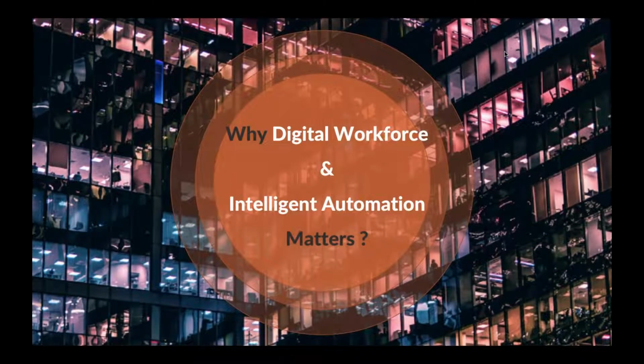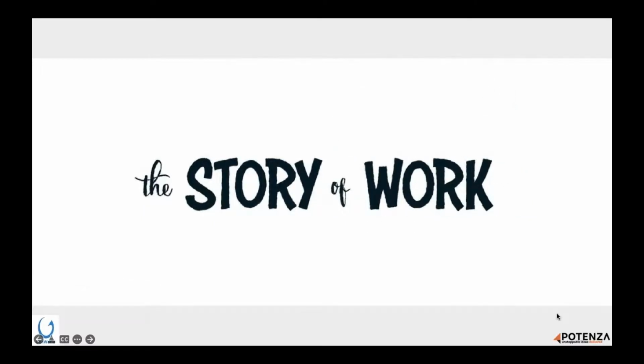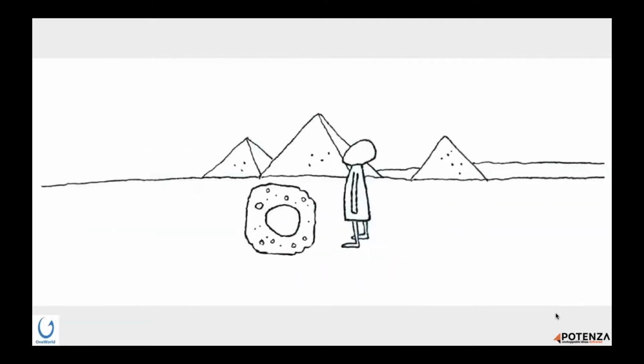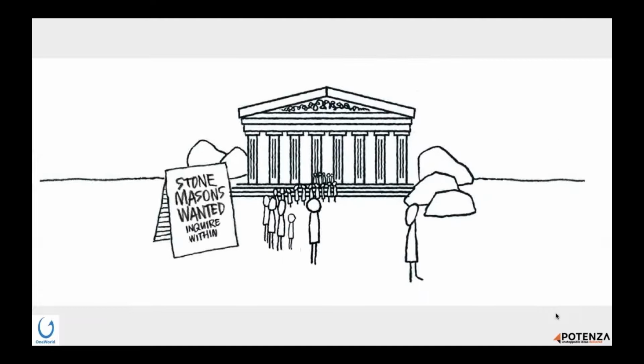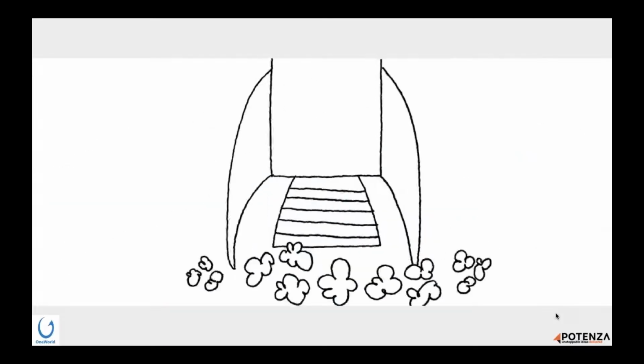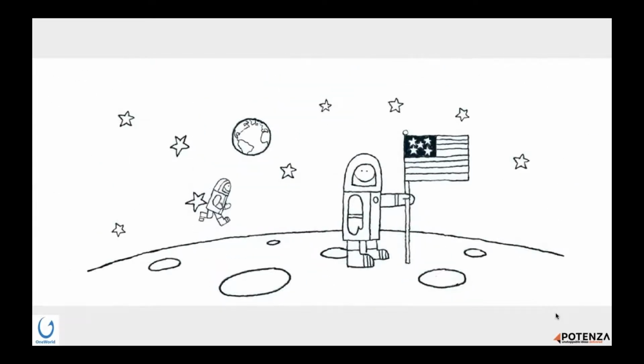We need to understand the digital workforce and intelligent automation and why it matters, right? Before we start the slides, this is the story of work. It started a long time ago, on a Monday, which was handy. For as long as history itself, humans needed to work. They wanted to work, to grow things and create things and build things, to see what they were capable of, to stand at day's end and say, I did that, which felt pretty good.